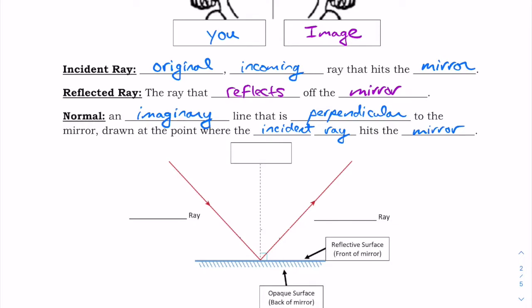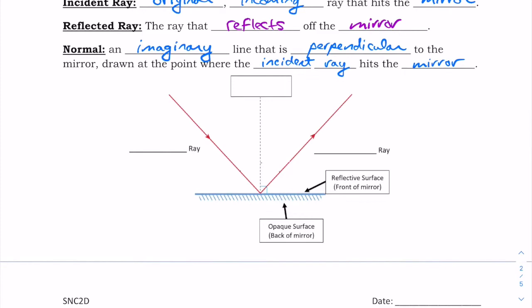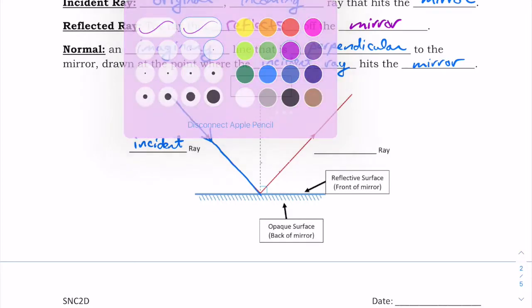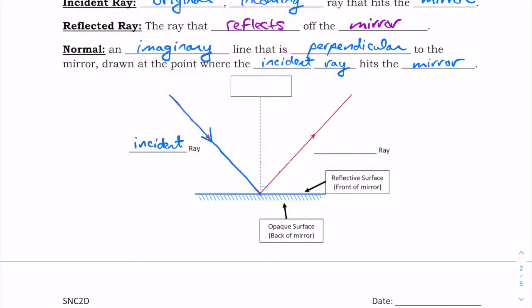Let's take a look at this in the picture below. So on the left, imagine that we have an incident ray of light. That incident ray of light is moving towards the mirror. When it hits the surface of the mirror, it's going to reflect.